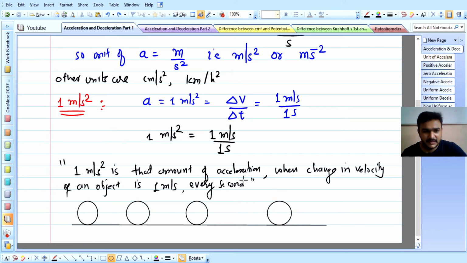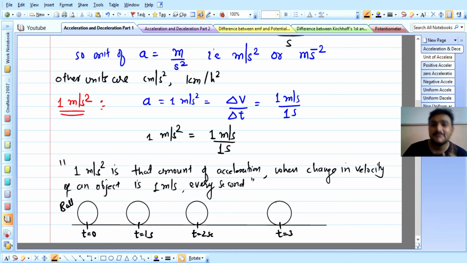According to the definition of 1 meter per second square, if this ball possesses 1 meter per second square, let us say time t is equal to 0 here, time t is equal to 1 second, time t is equal to 2 second, and time t is equal to 3 second. So I have shown the position of the ball at various seconds.